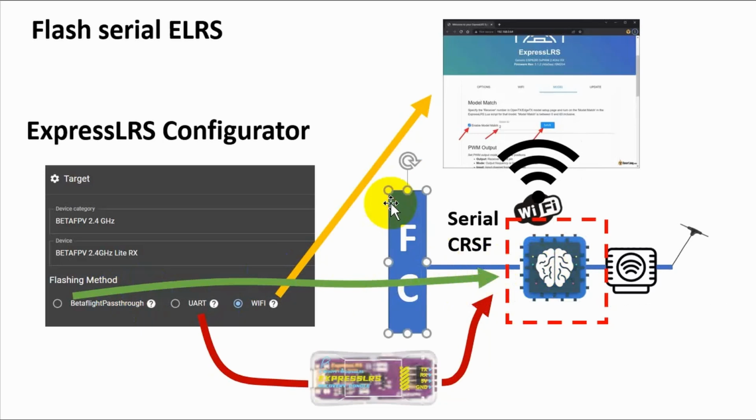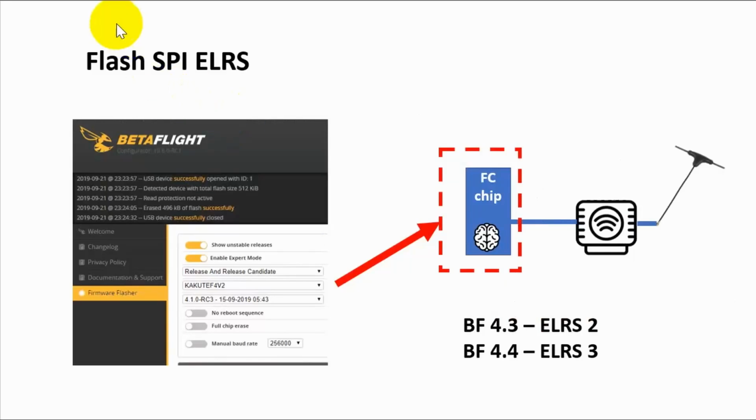Or if we don't have a flight controller, or if we have bricked the ELRS chip, we can use such a dongle and flash via UART. It's another option, so lots of options for flashing this chip. And as I said, SPI gives us only one variant, with Betaflight update.